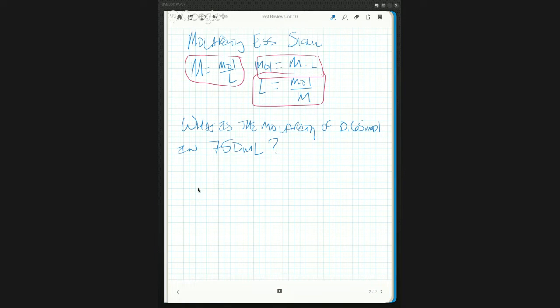So the essential skill is very straightforward. Molarity is equal to moles over liter, which is 0.65 moles over, and you remember to divide by 1,000, 0.75 liters.